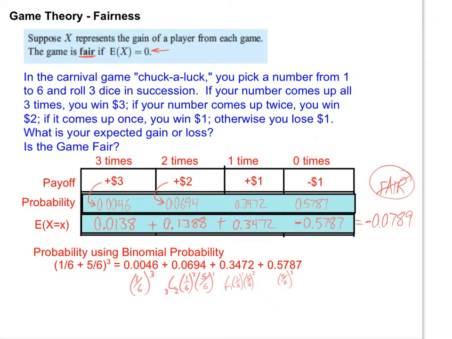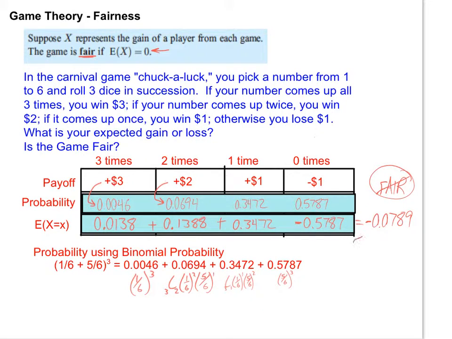If it's not fair, does it say by how much? Is that what the 0.0789 is? Exactly, it is. What does that negative 0.0789 tell us? That you have a 0.0789 chance of losing $1. Isn't that how much money you lose? That's how much you're going to lose every time.